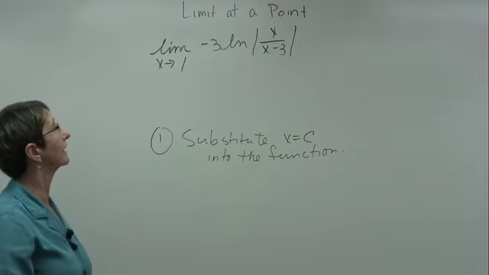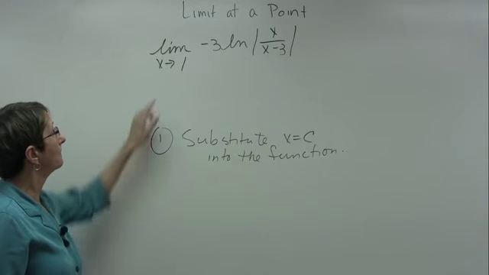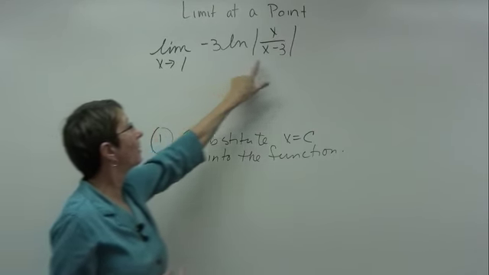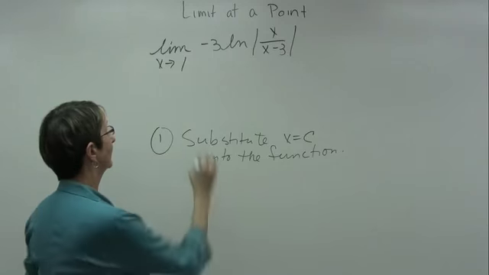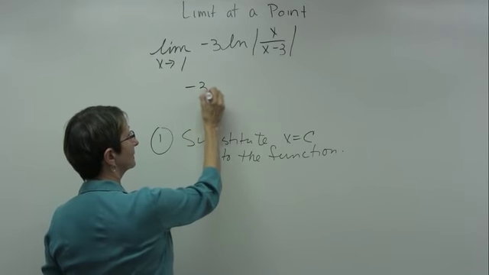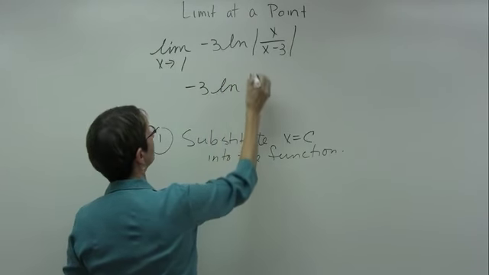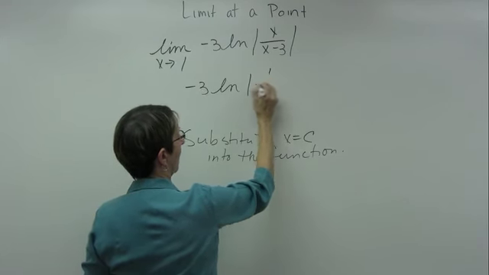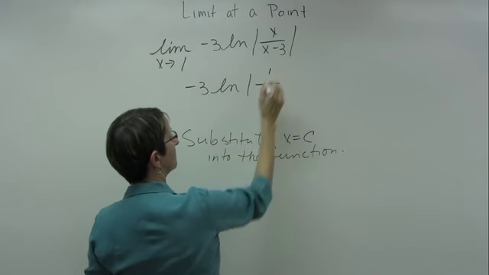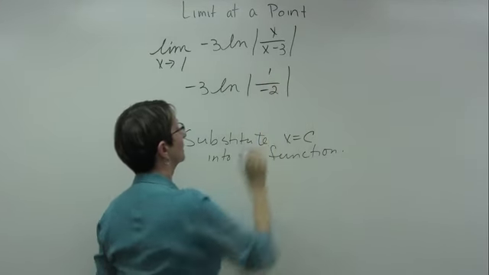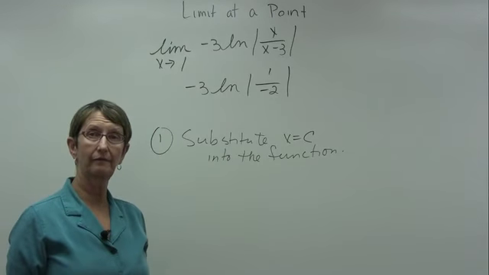This is a little more complicated function too. If I plug in 1 for x, I'll get -3 natural log absolute value of 1 over 1 minus 3, which is -2. The natural log of -1/2.